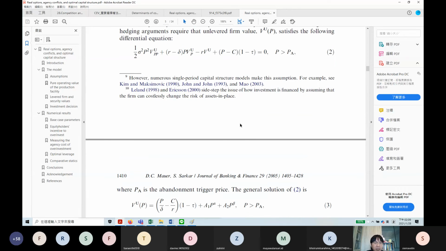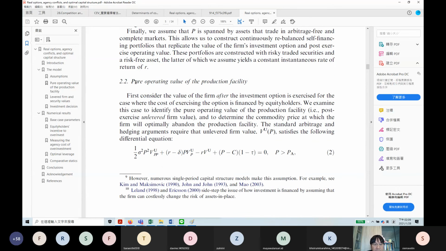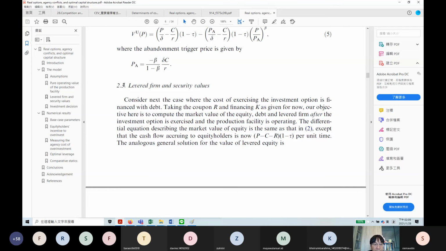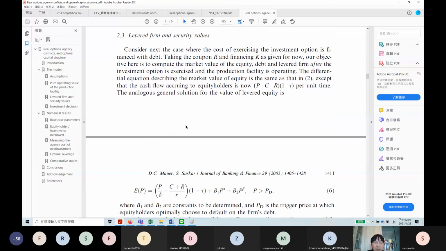This one, section 2.2, is the pure case. Pure means no debt, all equity. Section 2.3, the levered case, means some funding from debt holders, so the capital structure is made of debt and equity.